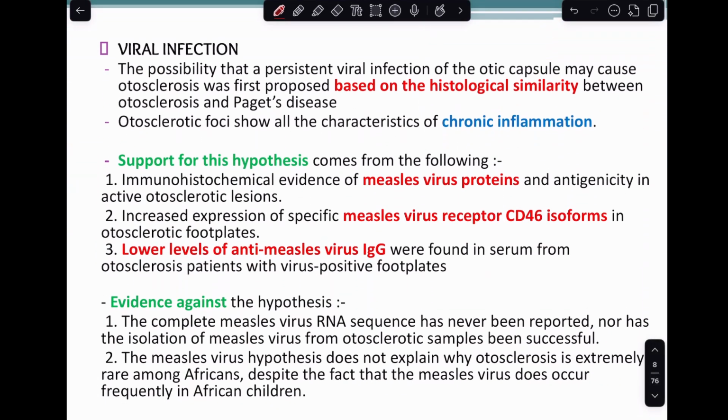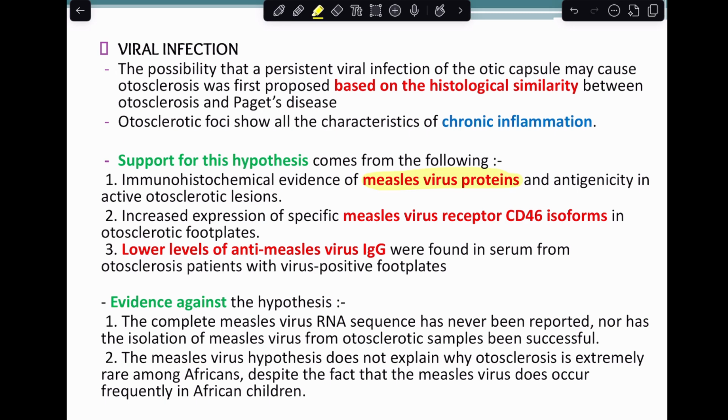So, amongst viral factors, why do we think that there is a viral infection associated? It has been seen that some immunohistochemical evidence of measles virus protein and antigenicity has been seen in active otosclerotic lesions.